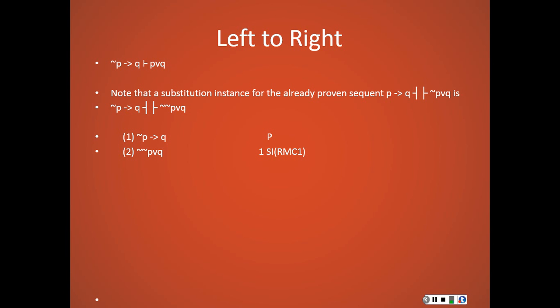Okay, so pause here for a moment, look carefully at what I've done, make sure you understand why I'm able to use the sequent I've already proved to get line 2 from line 1. Pause the video and reflect on it if you don't see it.